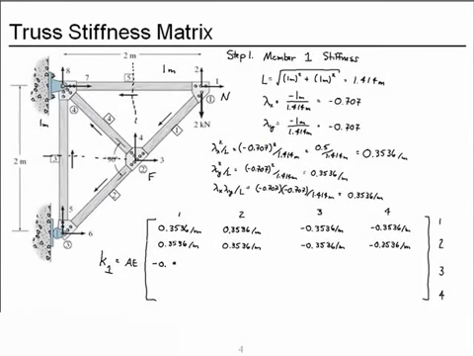Minus lambda x squared is a minus 0.3536 per meter. The minus lambda x lambda y, minus 0.3536 per meter. Positive lambda x squared, and the positive lambda x lambda y.